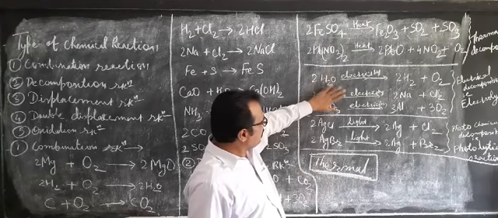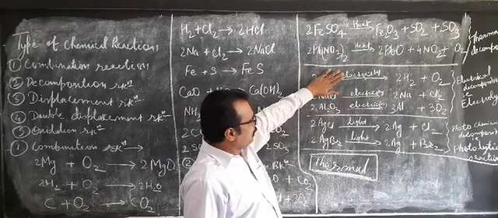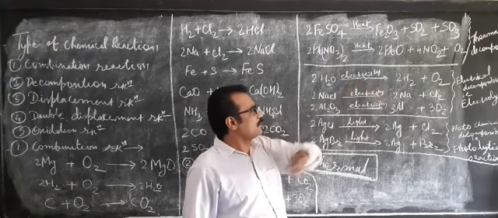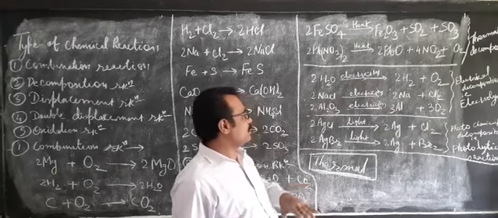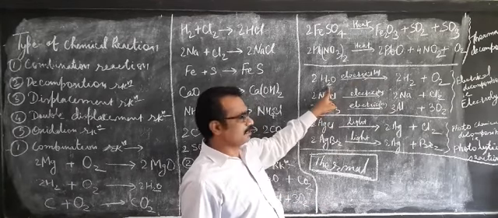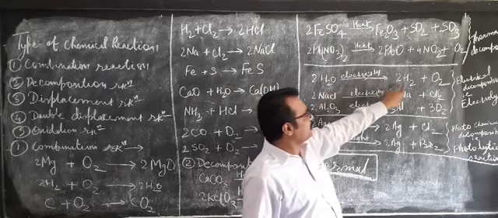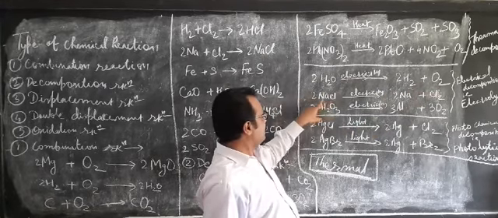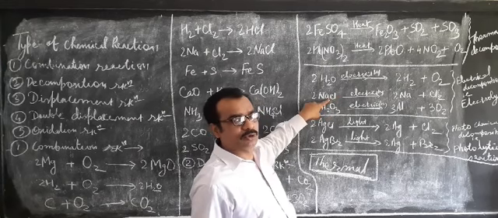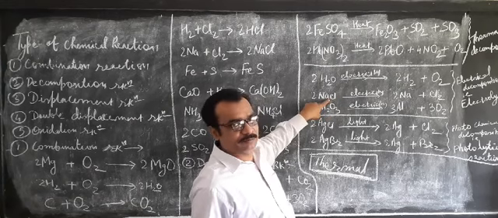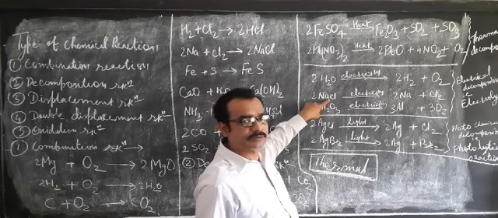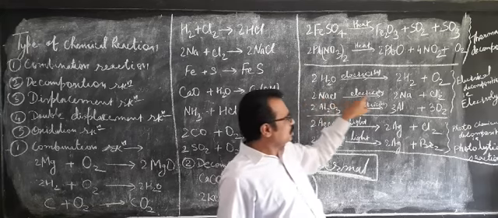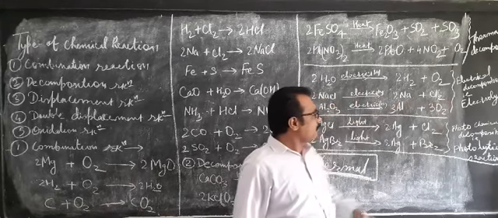But in these three chemical reactions, these reactions are undergoing under the influence of electricity. That means when the electricity is passed through this reactant water, it gets dissociated into hydrogen gas and oxygen gas. When electricity is passed through the molten sodium chloride, that means liquid form of sodium chloride, then it dissociates into sodium and chlorine.